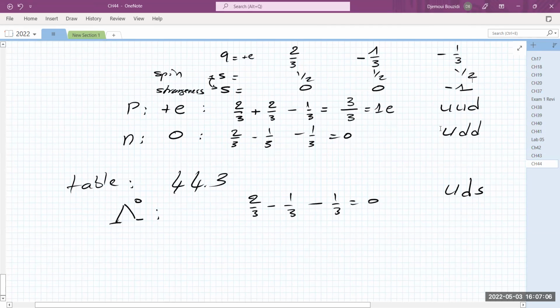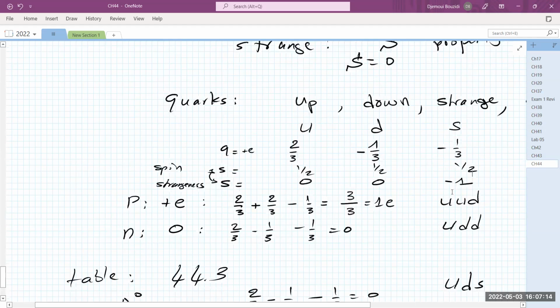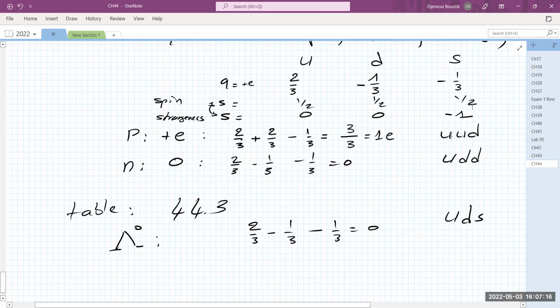Anyway, if you look at the entire table in here, it's divided into 2 classes. So you have the baryons that are made up of 3 quarks, all of them. Okay, and that's the second part of that table. And it gives you their masses, and it gives you their charges also, and it gives you their spin.